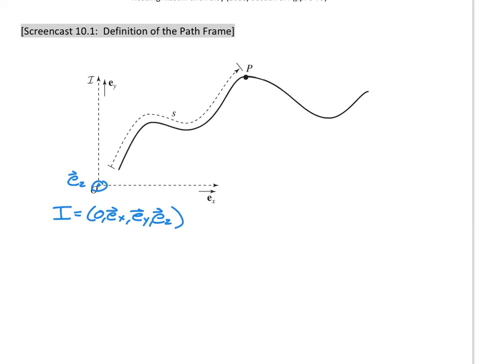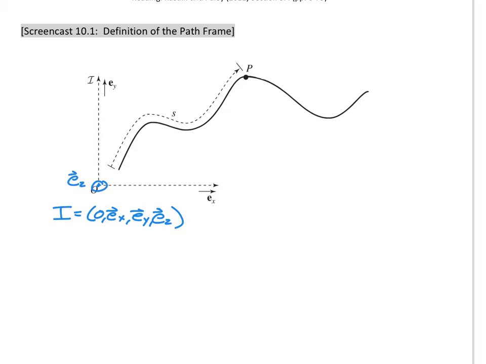And don't forget that your inertial reference frame, in the definition, if it's not given to you, must always be defined with the geometry of the system that you're analyzing. However, in this circumstance, when your basis vectors are already given to you, there's no need to redefine those basis vectors. So let's turn our attention to the path frame and define it.